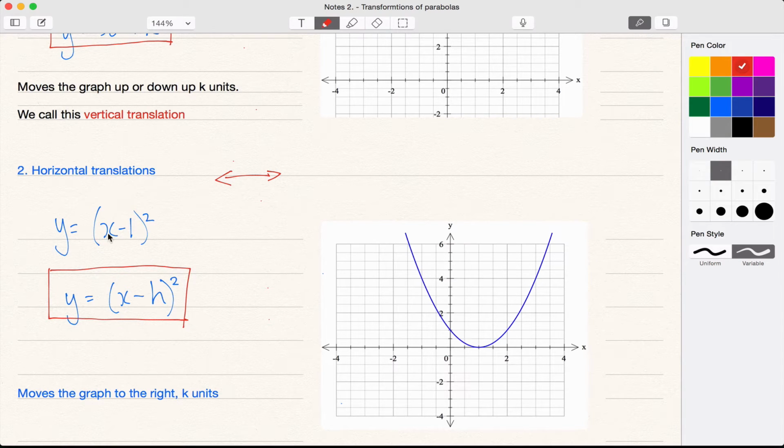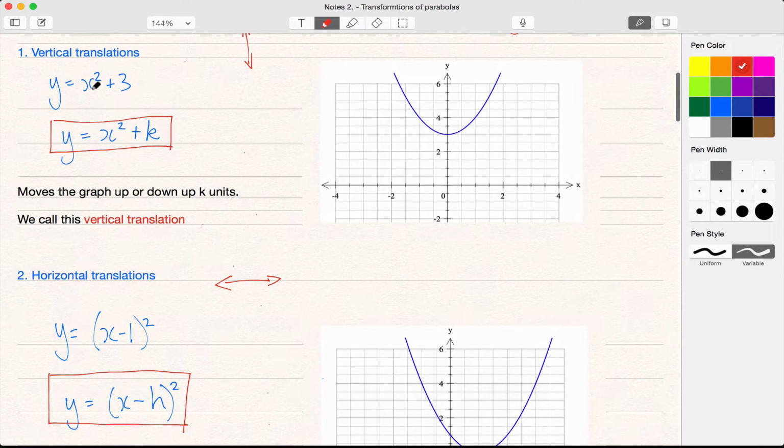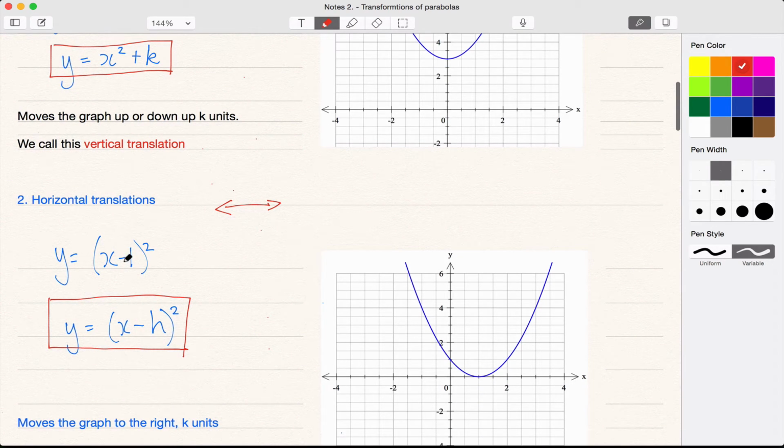With horizontal translations, it's really important that the x minus 1 is inside the brackets and then it's all squared. That's because it needs to be different to this one where it's not inside the brackets. So if the number's outside the brackets, it means it goes up and down by that number. If the number's inside the brackets, it means it's a horizontal translation.